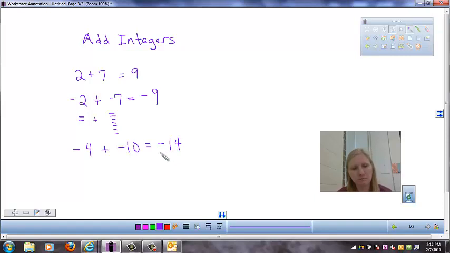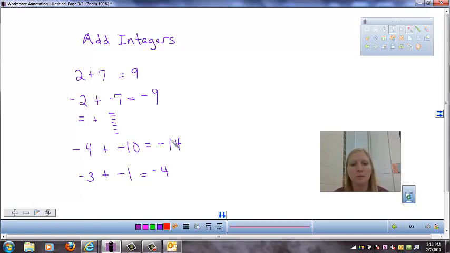That's the easiest kind of integers to add, when they're both negative. So negative 3 plus negative 1: 3 plus 1 is 4, and they're both negative, so negative 4. That's the easy way to add integers, if they're both negative or both positive.